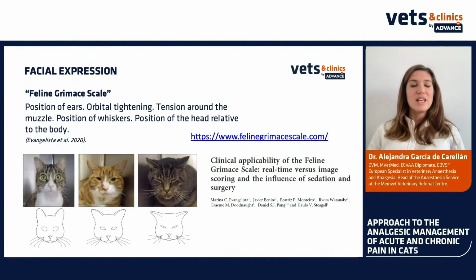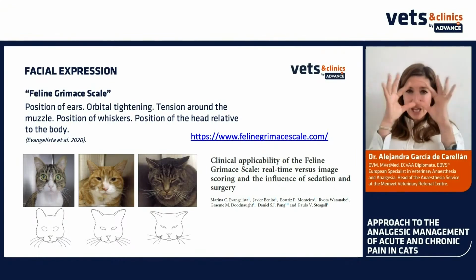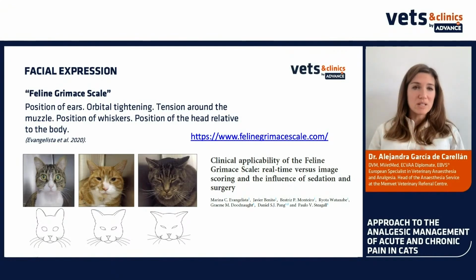Then there is another group of investigators doing a lot of work in feline pain recognition. They also have an app on your phone with which you can assess pain in your cat. It's the Feline Grimace Scale. This is from Canada. They also noticed that the position of the ears was important, as well as the orbital tightening of the eyes, tension around the muzzle, position of the whiskers, and position of the head relative to the body.